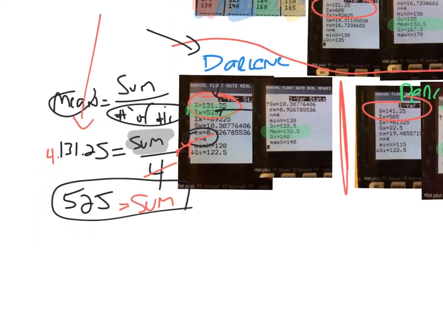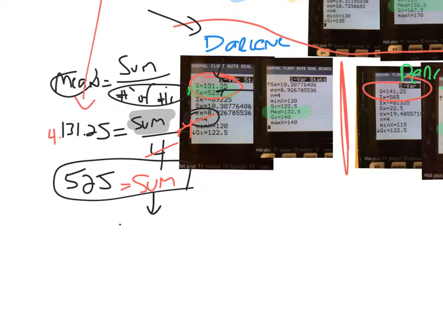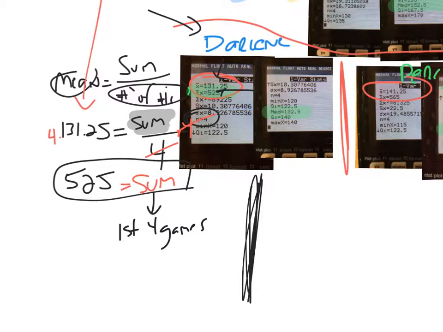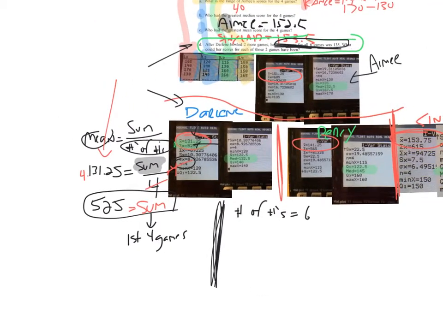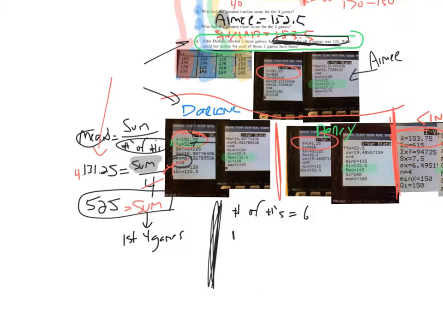So I know the sum of her first 4 games was 525, but now she bowled 2 more games, so now the number of numbers is going to be 6, and here the question said her average, her mean, was 135.